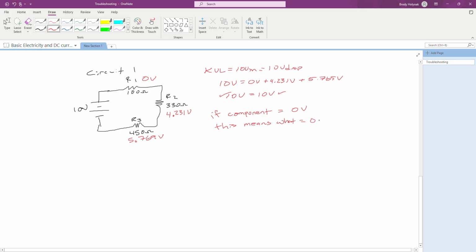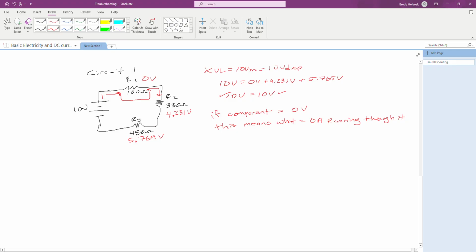I have zero current running through that component. So therefore, if I'm looking at R1, that means none of my current that's coming out of my positive is hitting this junction at R1. Something is then making that current go out and around and completely bypass R1.